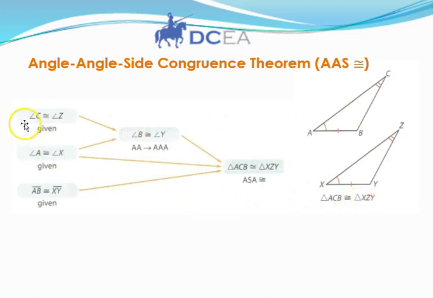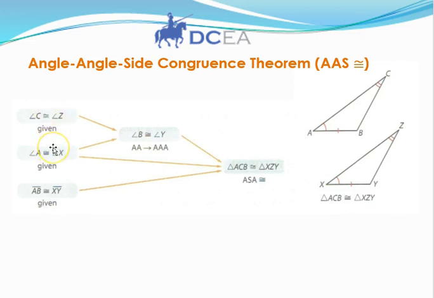We begin by saying that angle C is congruent to angle Z, and that is our given. We also know that angle A is congruent to angle X, and that is in our given. And we had a third concept, segment AB is congruent with segment XY. So all these 3 things are given, and they would have been in the first step of the normal proofs that we do.